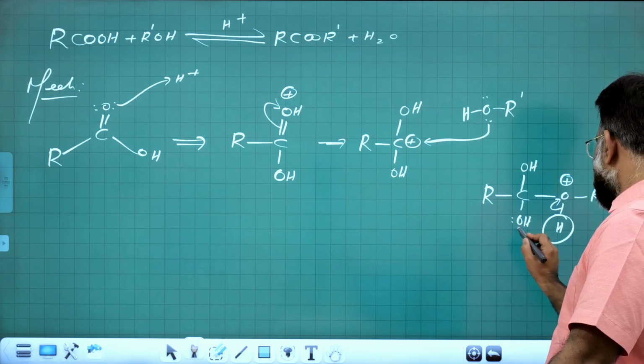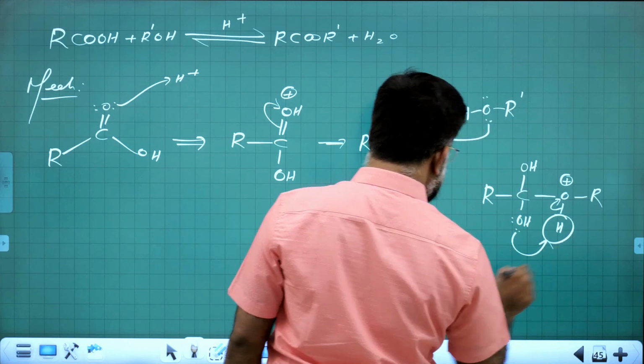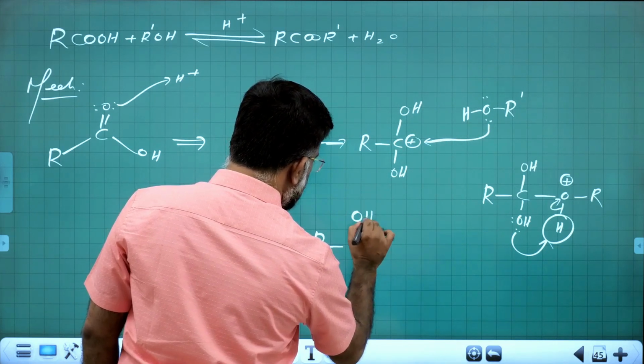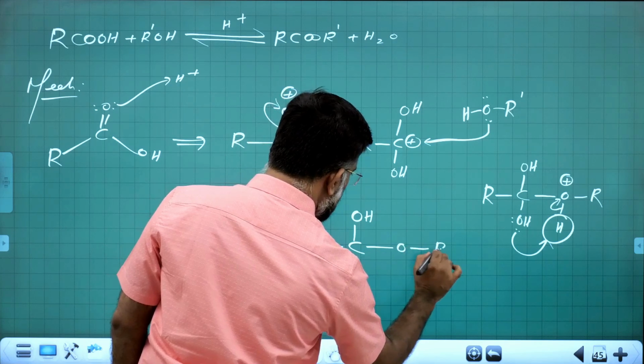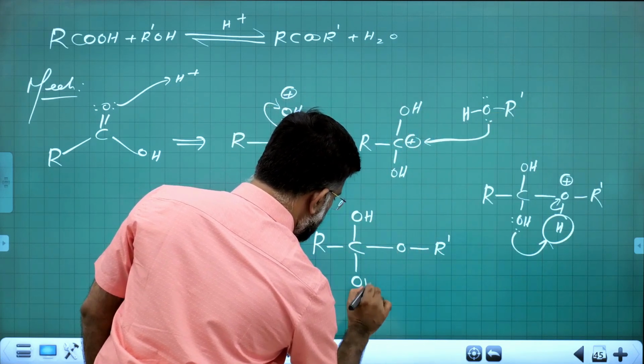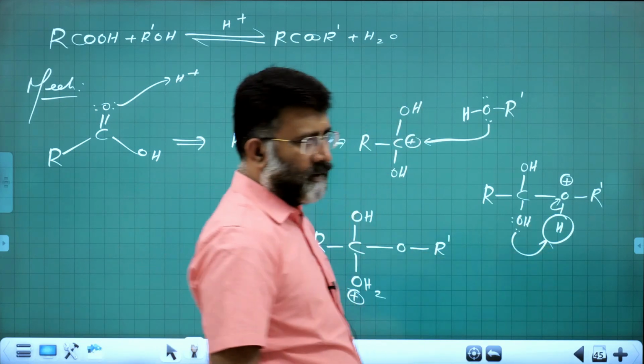In fact, you know that the H+ will be captured here, and you get RC(OH)(OR')OH2+. This OH group is getting protonated.